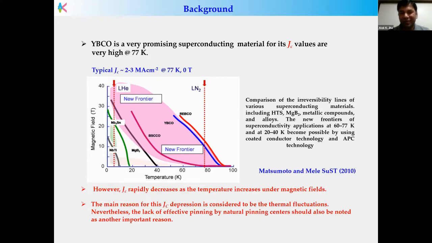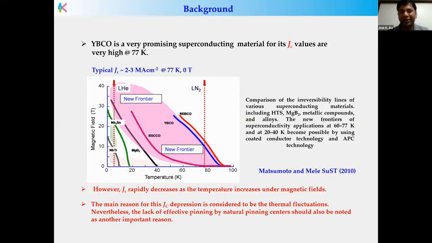There are some natural pinning centers which are actually defects in the films, generated during the growth of the thin film. They can be vacancies, oxygen vacancies, or voids, or some kind of dislocations, threading dislocations, or some kind of planar defects like that.